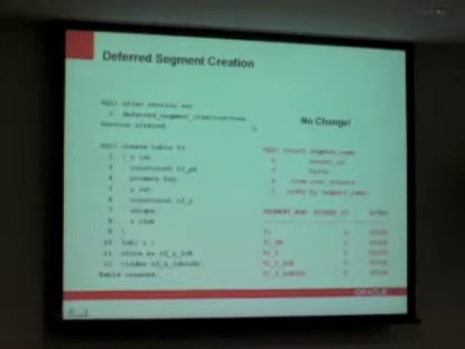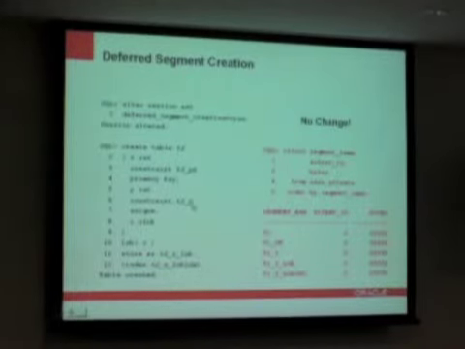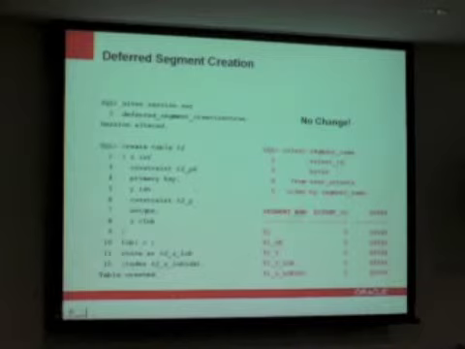If I turn on and enable this feature, and I create another table that looks exactly like the first one, except I called it T2 instead of T1, and I look in user extents, there is no change. No new extents were added.